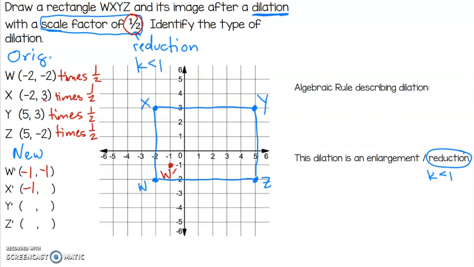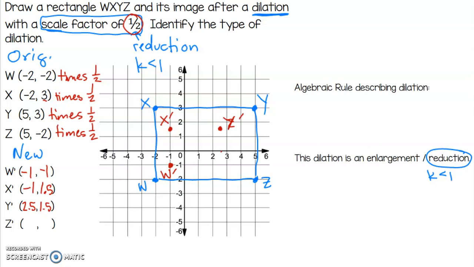Okay, half of -2 is -1. Half of 3 is 1.5. That's our x prime, so -1 up to 1.5. There's x prime. Half of 5 is 2.5. Half of 3 is 1.5. So I go 2.5 up to 1.5. There's, oh, not z, there's y prime.